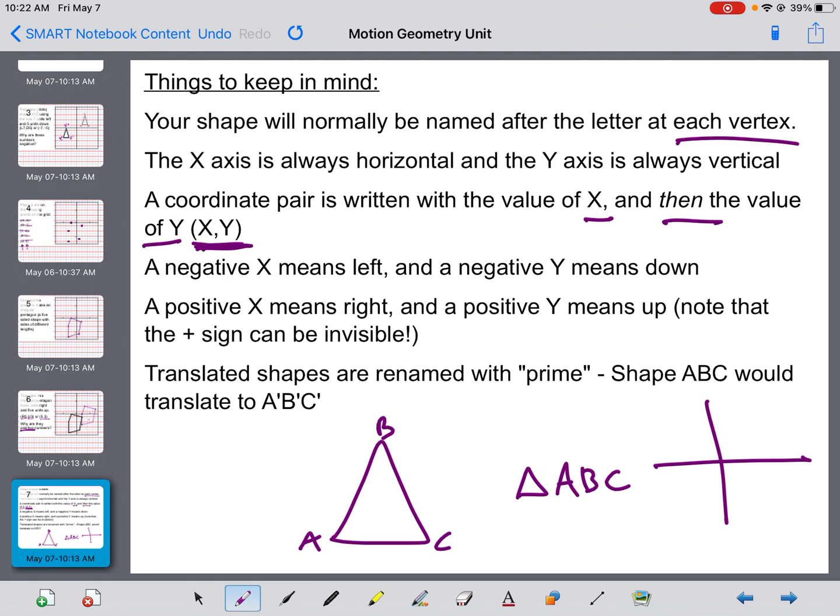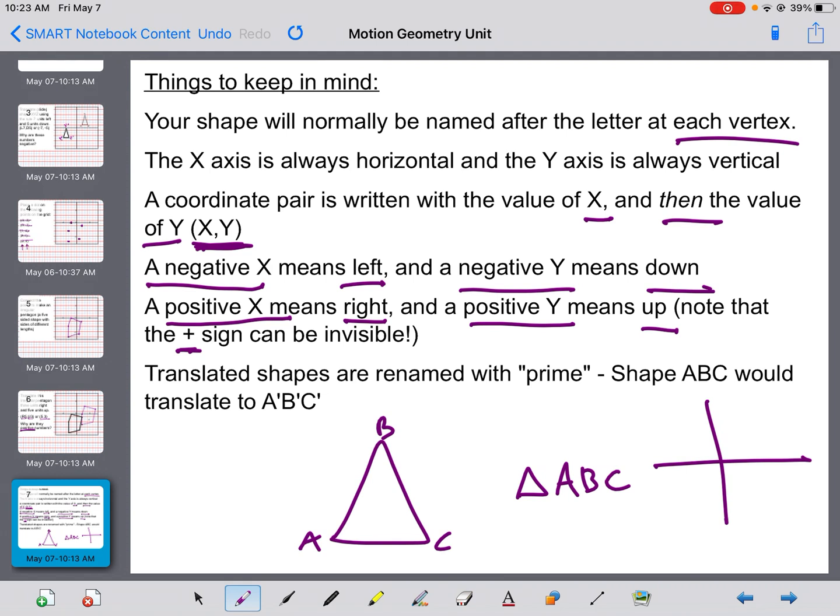Okay, now in answer to some of my questions about negative and positive numbers, a negative x means it goes left. A negative y means it goes down. A positive x means you go right, and a positive y means you go up. Okay, and a note on that, the positive sign can be invisible. You don't always have to have a positive sign.